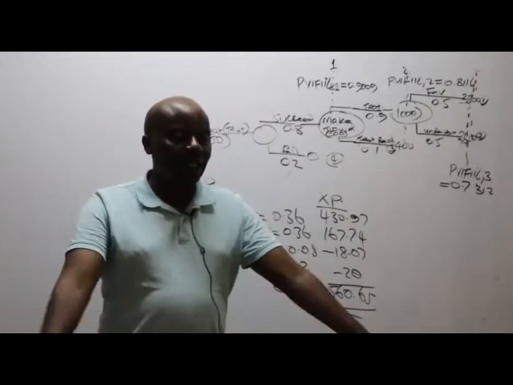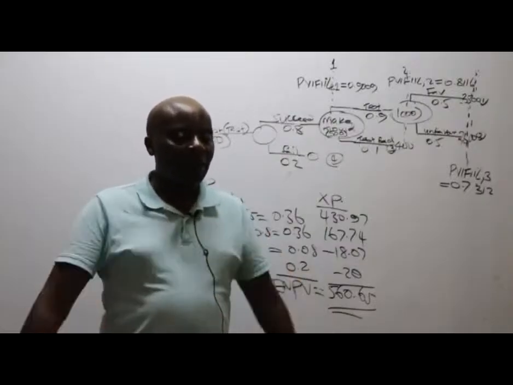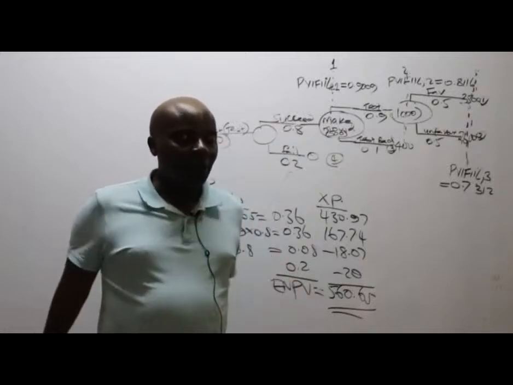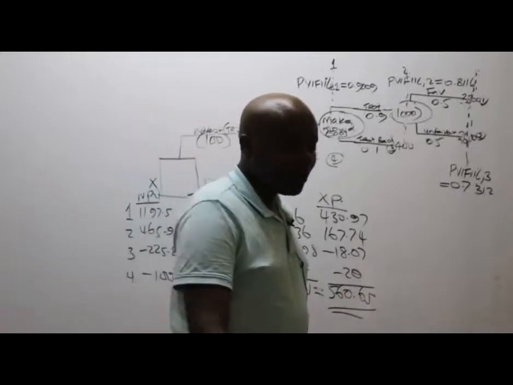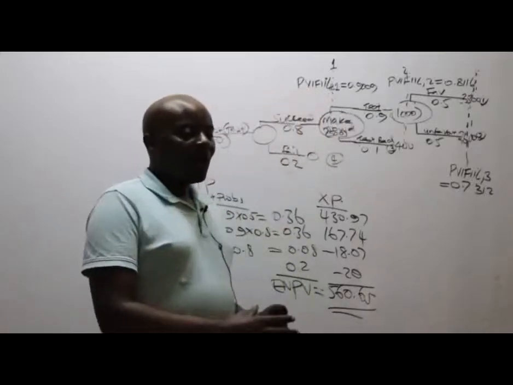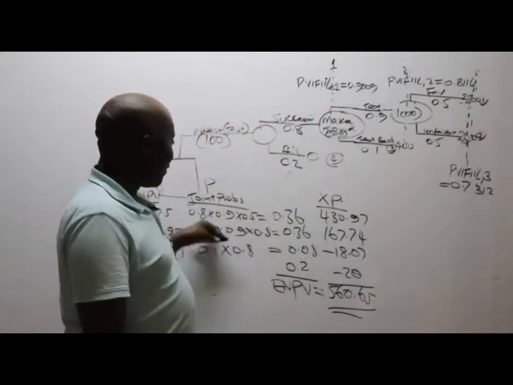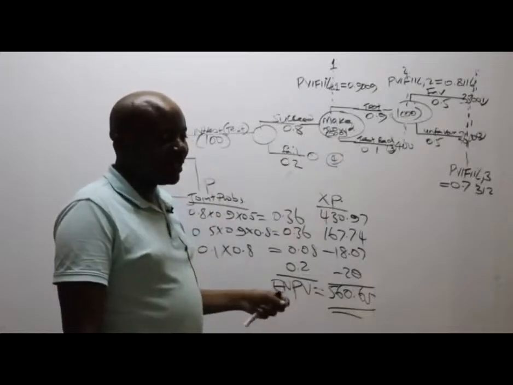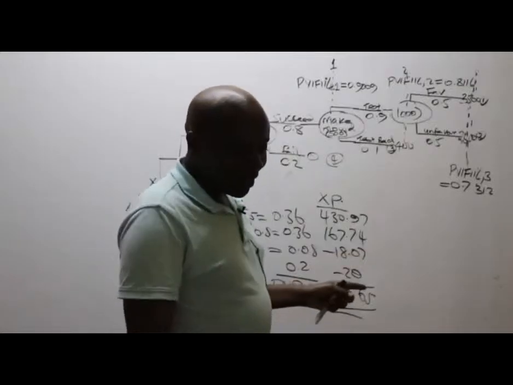Have you said that? Because I'm comparing the expected net present value of this and the other one, which was 0. If it was negative, then I would have said that this project is very bad. I would not recommend it.